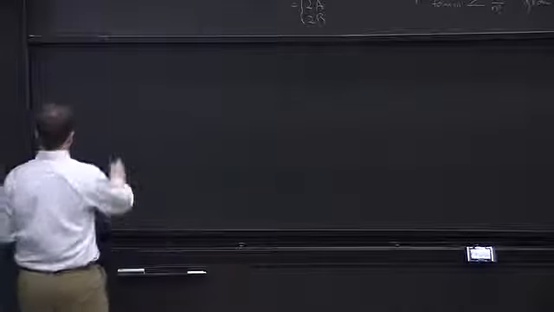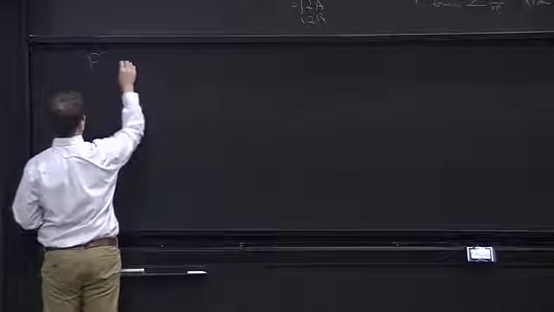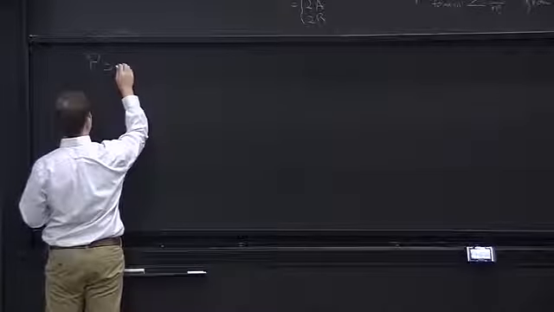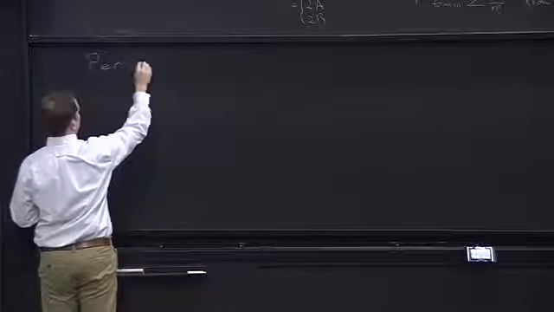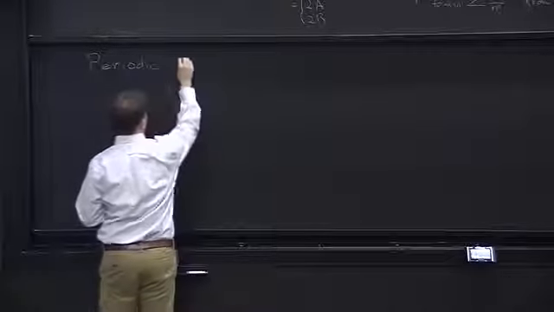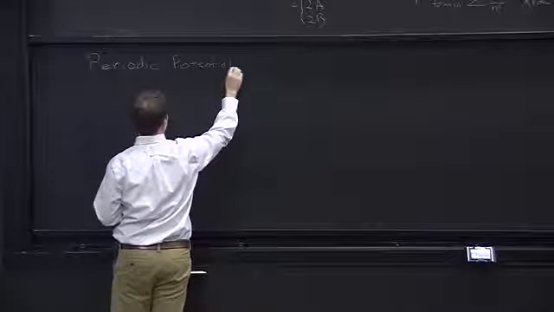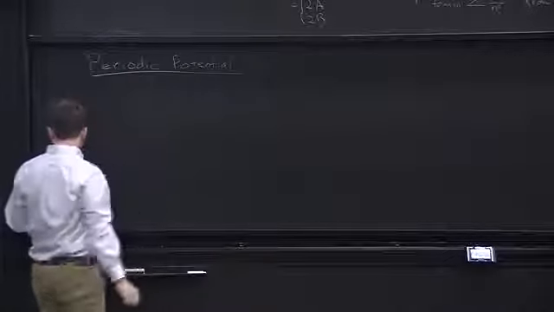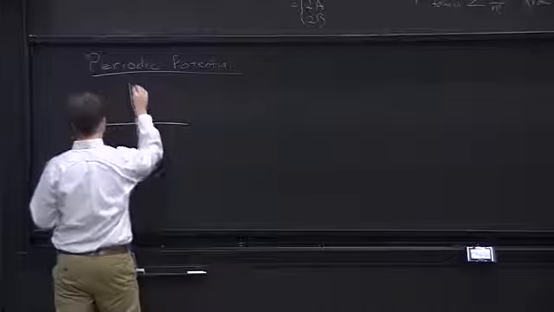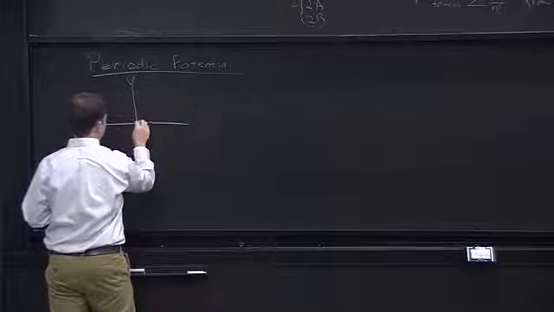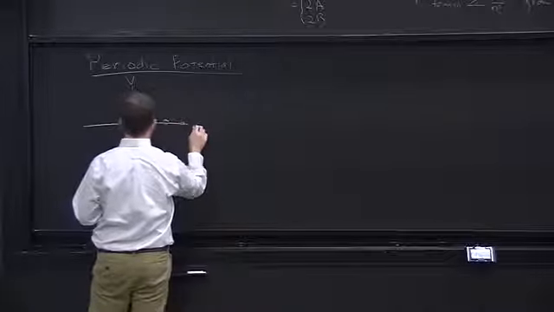So I just want to go through one more example in quantum mechanics before we turn to quantum field theory. And the last example we'll look at is the periodic potential, where we'll look at a potential that has minima at all of the integers.